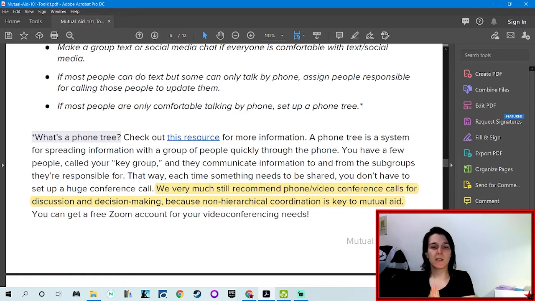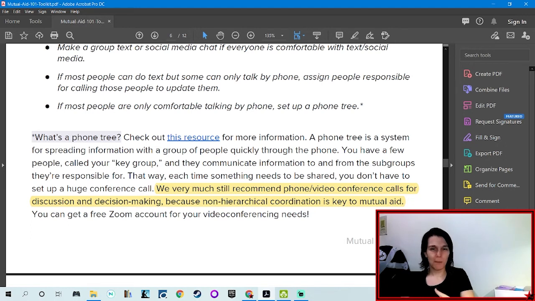But the phone tree itself is a great tactic where one person reaches out to 3 or 4 people, and those people then reach out to 3 or 4 more people, and you go down like a tree in order to spread information. Now, this is not something that you use for decision making and meetings, but something to just quickly spread information.